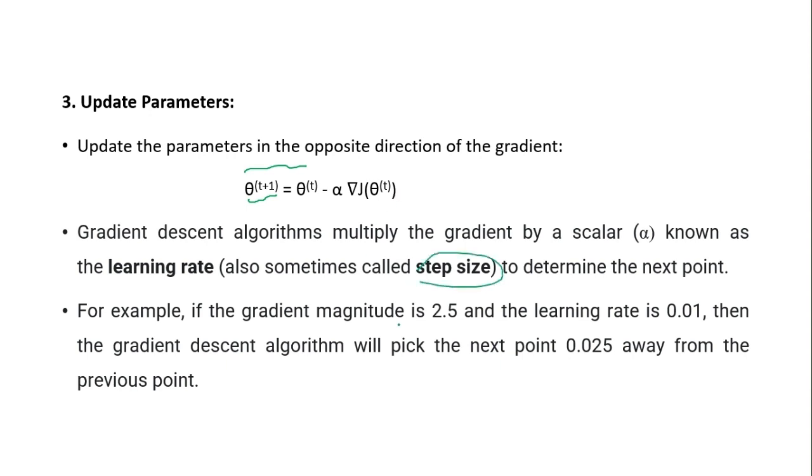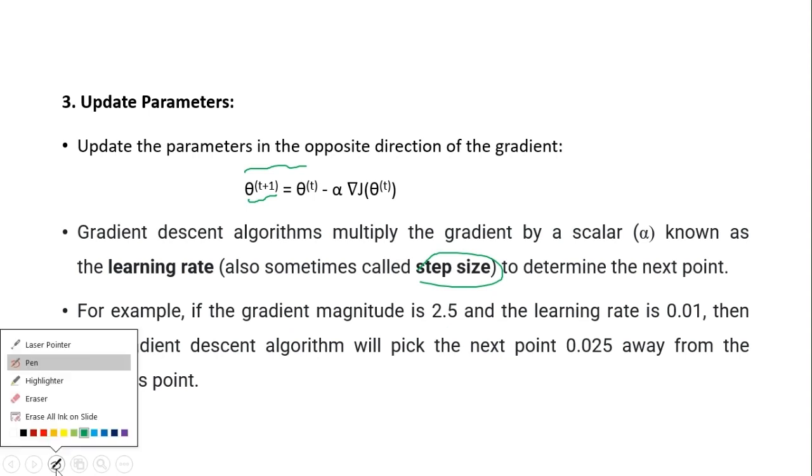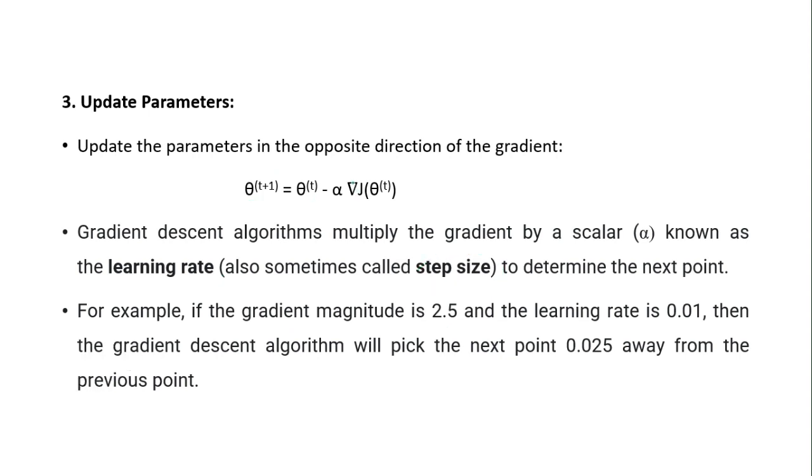Now, for easy understanding, assume that the gradient magnitude is 2.5. Now assume that the alpha value is 0.01. When you multiply 2.5 by 0.01, you will get 0.025.